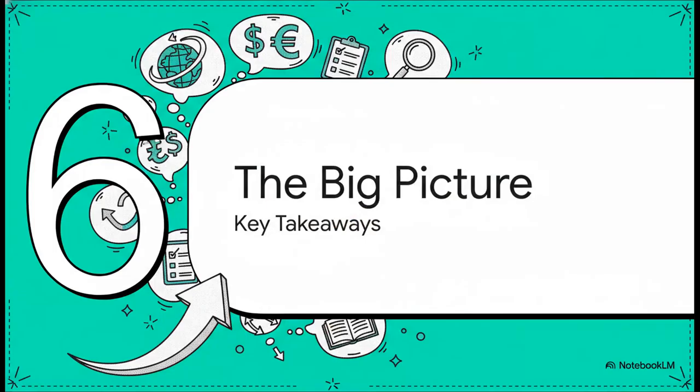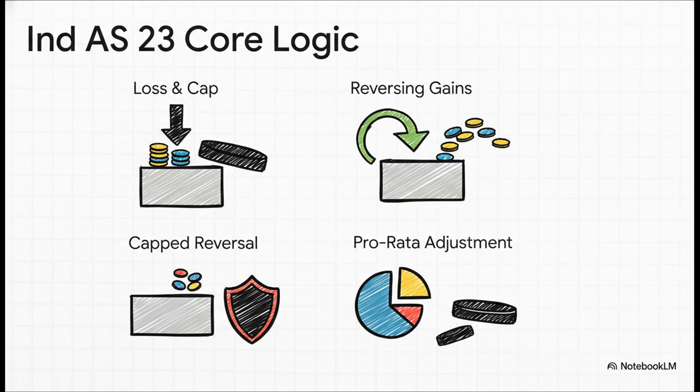Okay, let's zoom out for a second and just summarize the core logic of what we've been talking about. What are the absolute key things you need to walk away with from this whole process? If you remember nothing else, remember these four things. First, exchange losses can be capitalized, but they are always capped by that interest differential.